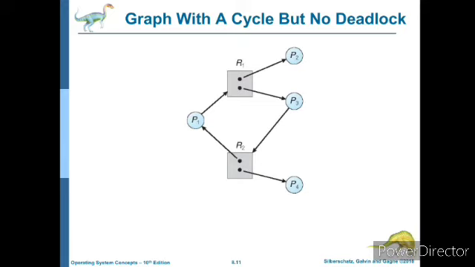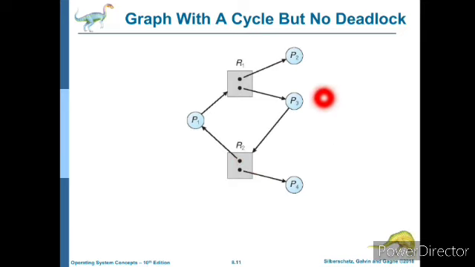Because P4 is another process, and P4 may release its instance of resource type R2 at any time. Once P4 releases the instance of resource type R2, which is requested by process P3, the resource can be allocated to process P3. So this will break the cycle.